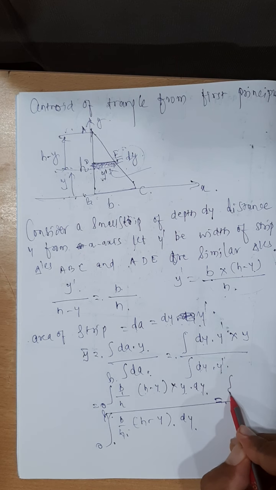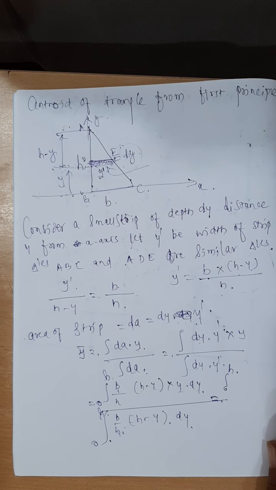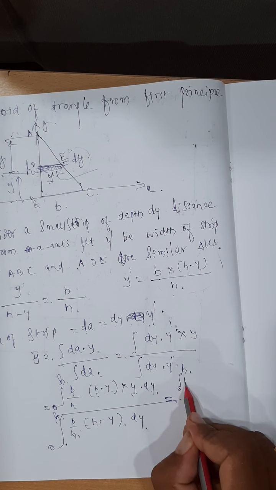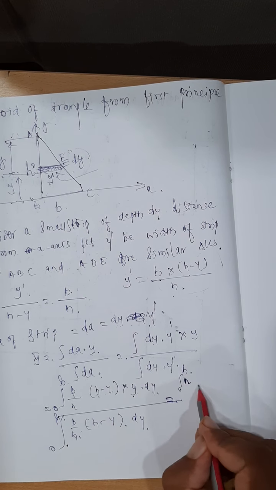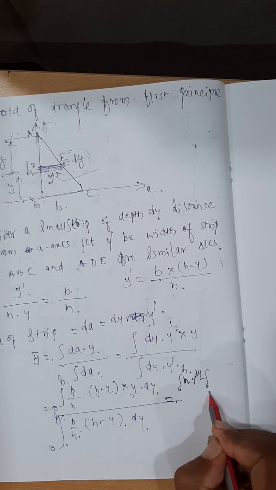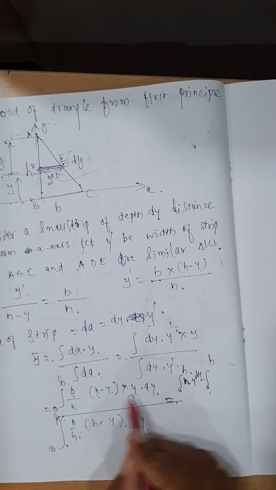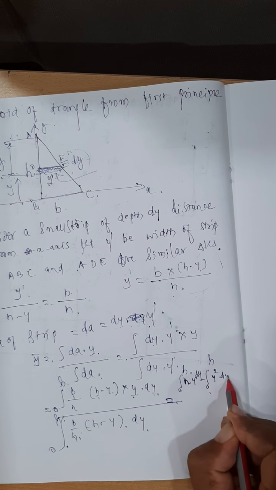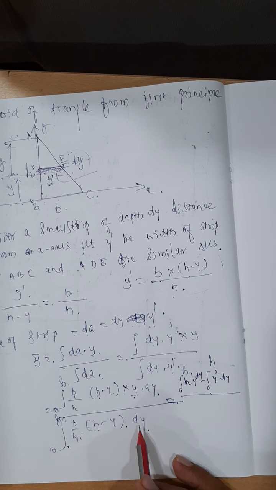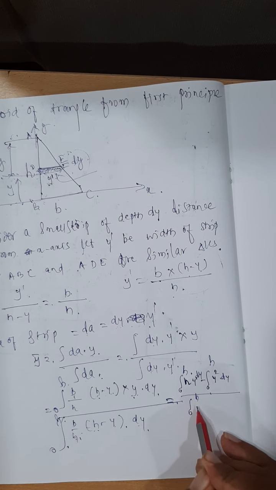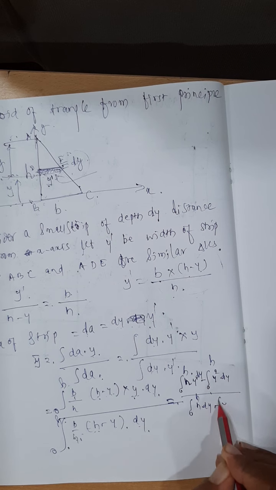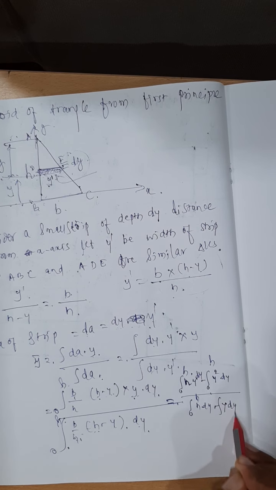Therefore the numerator is the integral from 0 to h of h minus y into y dy, which is the integral of h y dy minus the integral of y square dy. The denominator is the integral from 0 to h of h dy minus the integral of y dy.